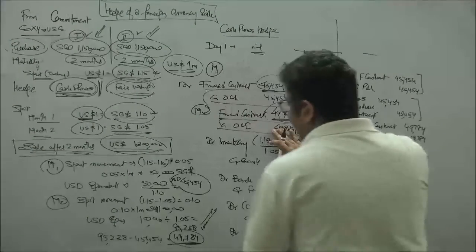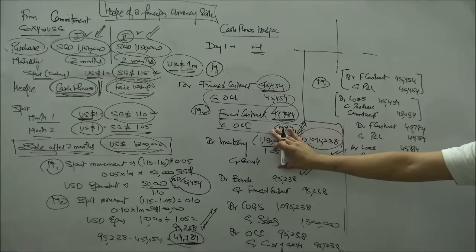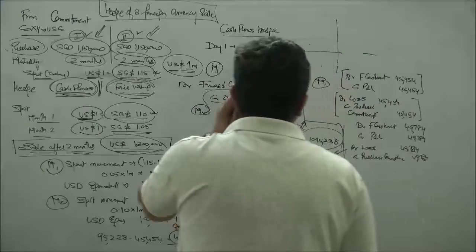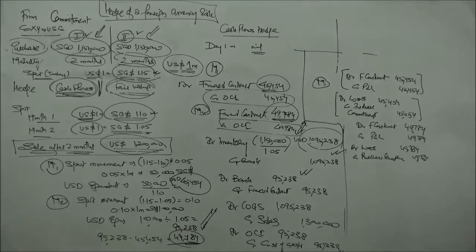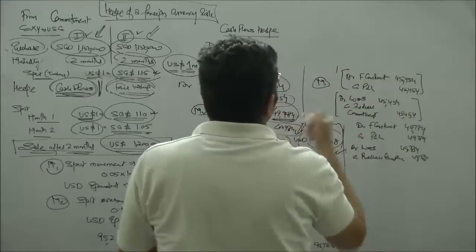At this point in time, we again purchase the inventory. When we are purchasing that inventory, exactly the same thing comes in. We shall be paying the same amount, 1095238. So let's use this space. This is a fair value hedge.